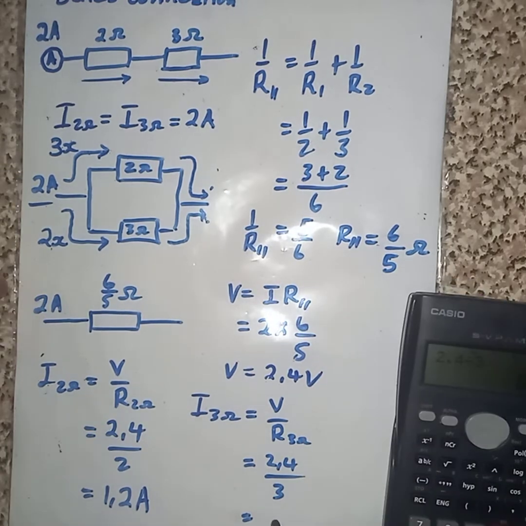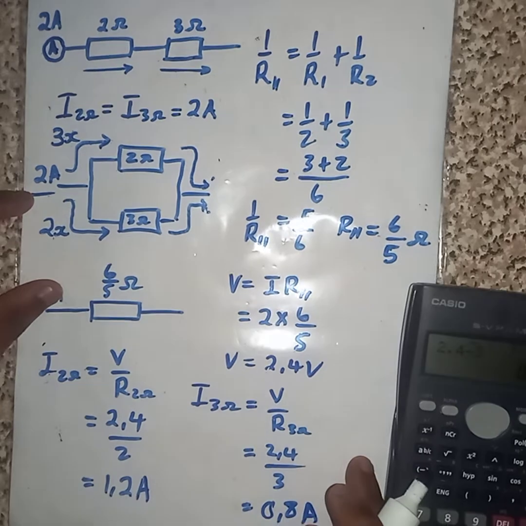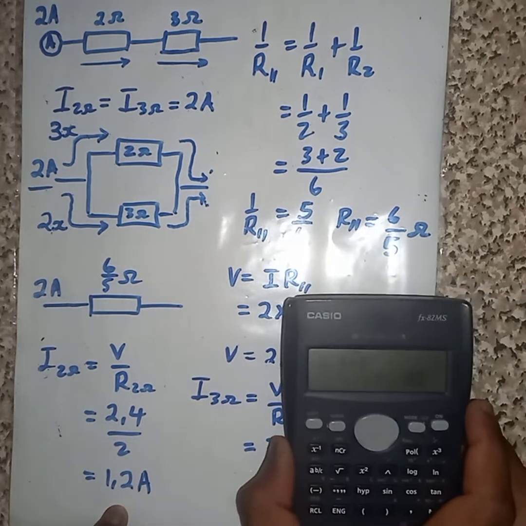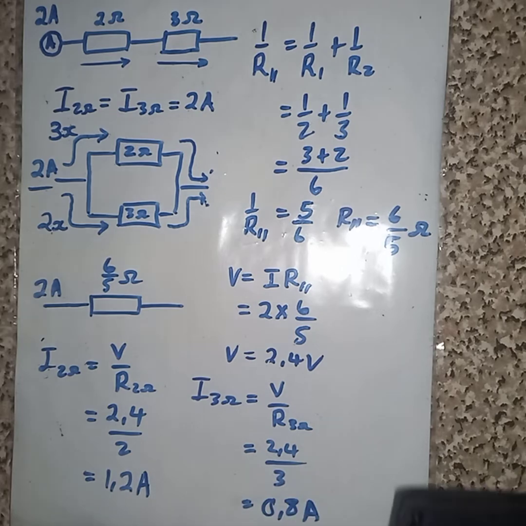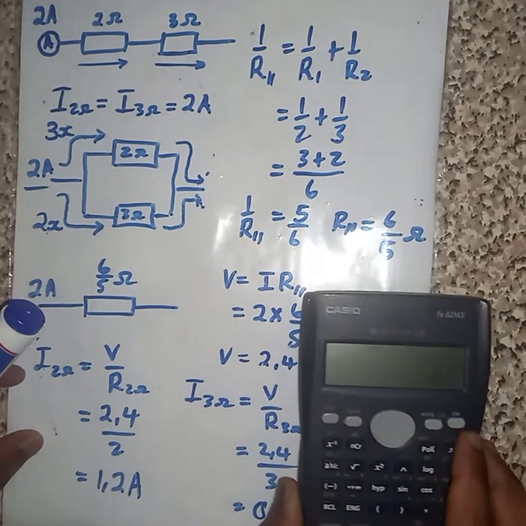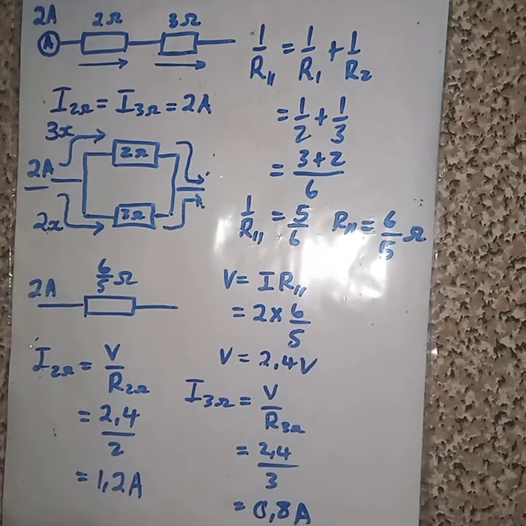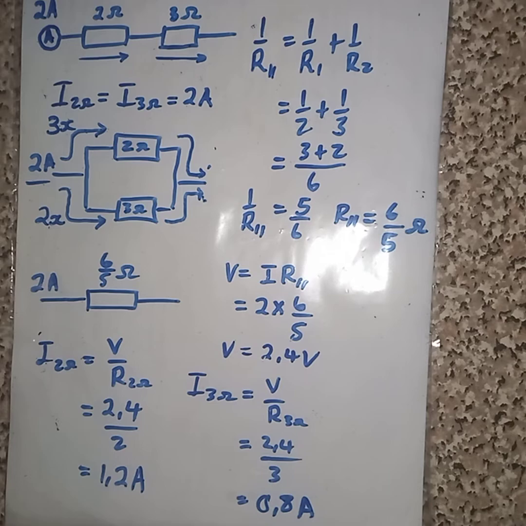We get 0.8 ampere. Bear in mind, if I add 0.8 plus 1.2, we should get 2. Exactly, we get 2. You see, this is just another method. You can use it as well.